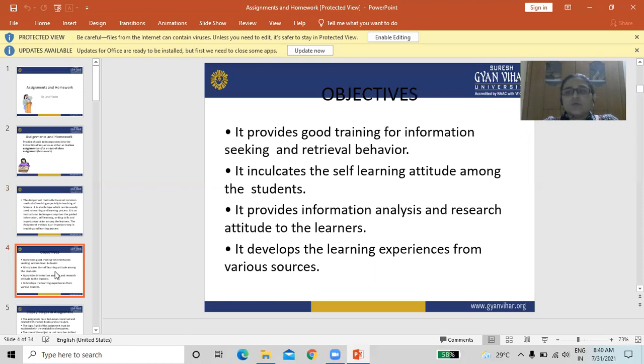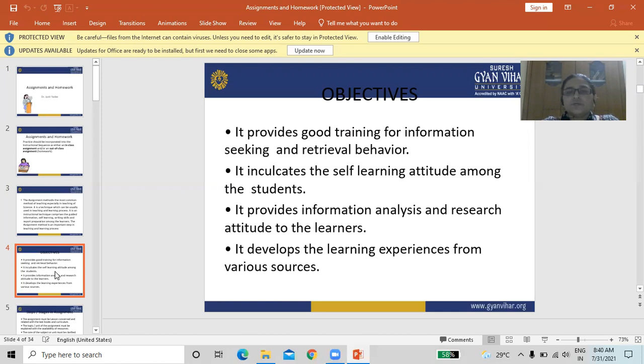What is the objective of the assignment method? It provides good training in information seeking and retrieval behavior.